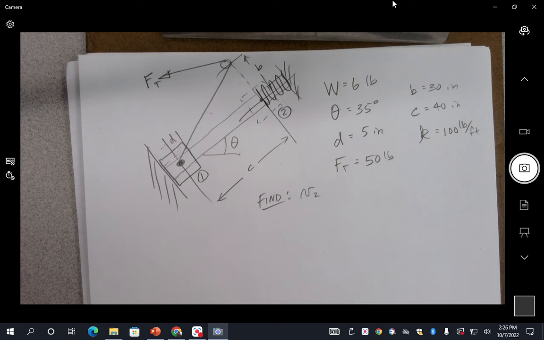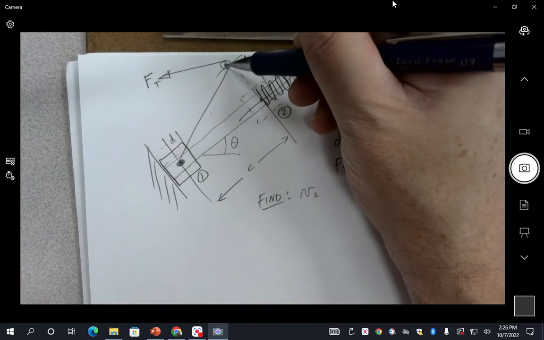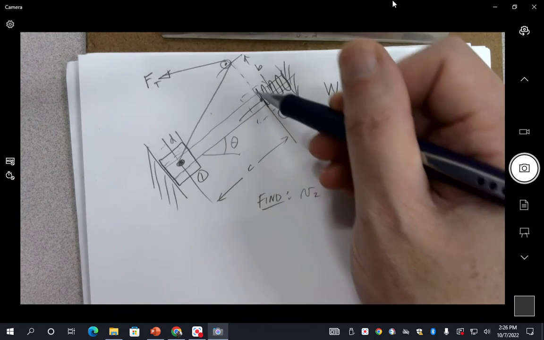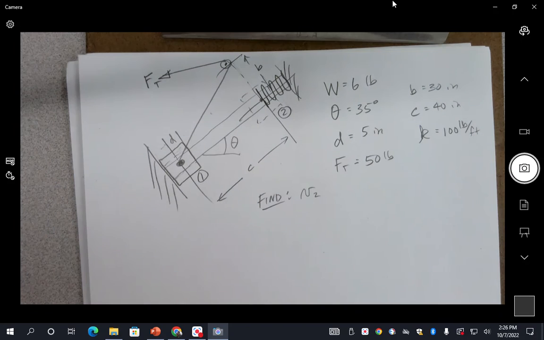At state 2, notably, the string from this pulley is perpendicular right up here, right? In other words, that spring is going to be compressed the dimension D. Can you picture that?